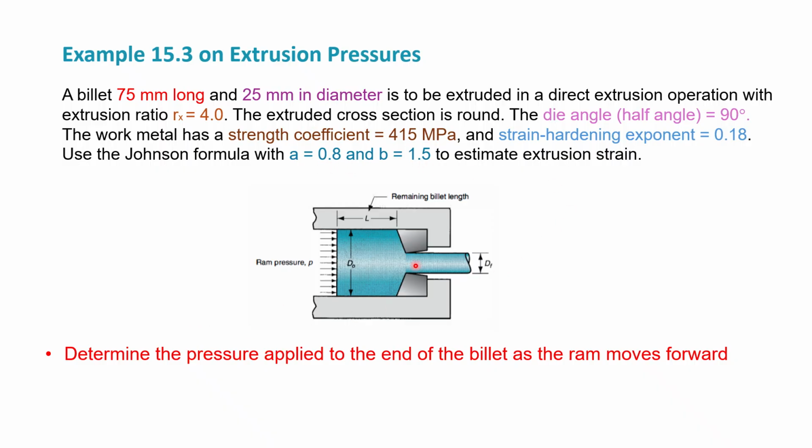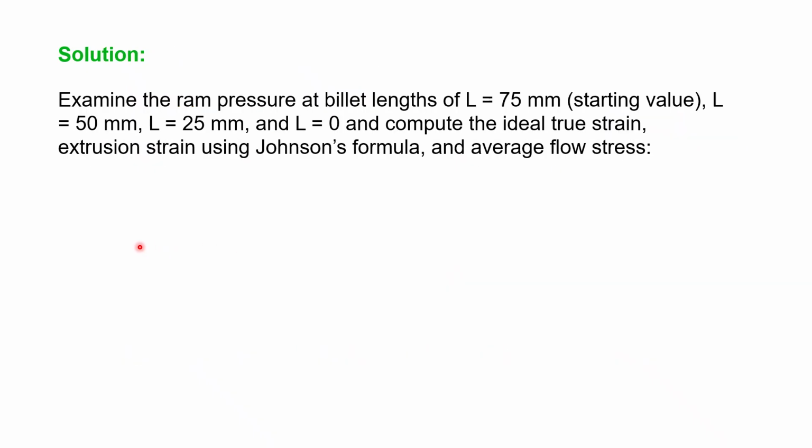Now we can use these parameters to do our calculations. So we're going to examine the ram pressure at the pellet length of L equal to 75 millimeters, then L of 50 millimeters, then L of 25 millimeters, and then L equal to 0, and compute the ideal true strain, the extrusion strain using the formula of Johnson, and then the average flow stress.